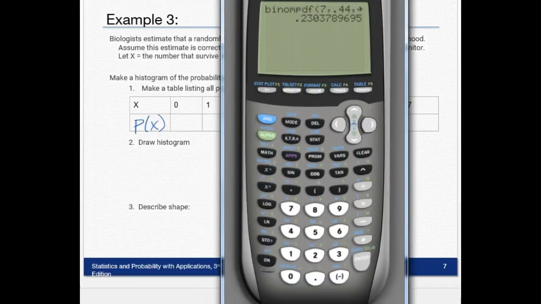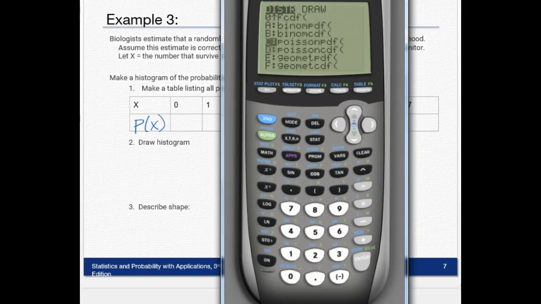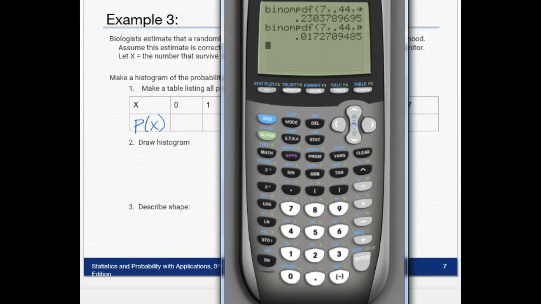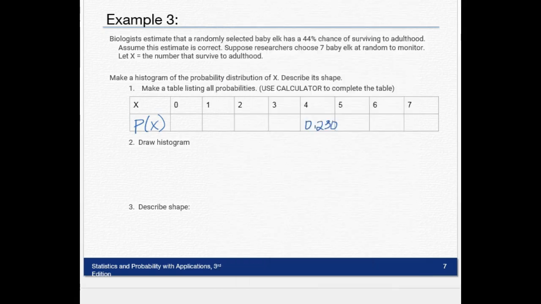So you're going to go to second bars, go down to option A again, binomial PDF, and there's your trials, there's your probability, and the only thing you're changing each time when you're filling out a table is the X value. So we start with the X value of 0, and I get 0.017. Okay, so I fill in my table.